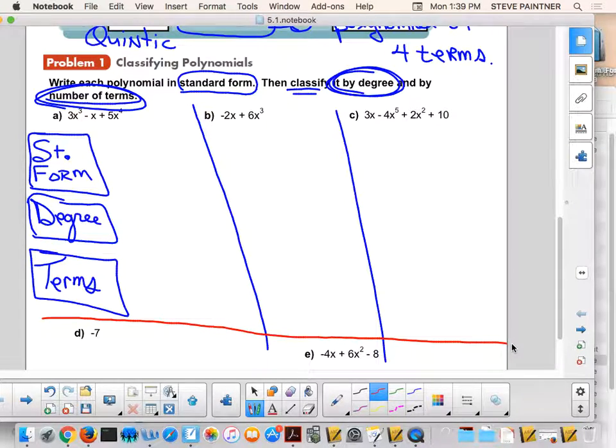Twenty seconds are up. That was a long 20 seconds, by the way. In standard form, Harry, can you give it to me? X to the 4th plus 3x to the 3rd minus x. Harry, can you give me the degree?